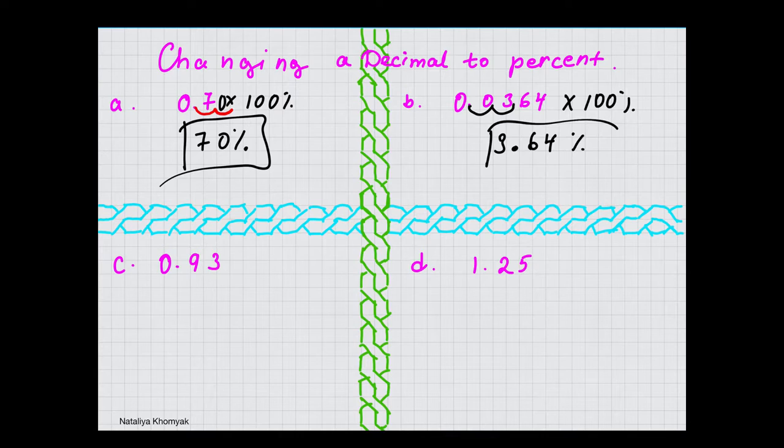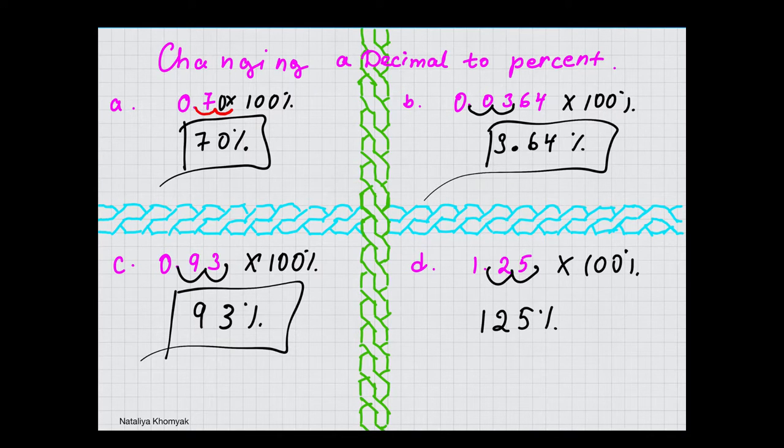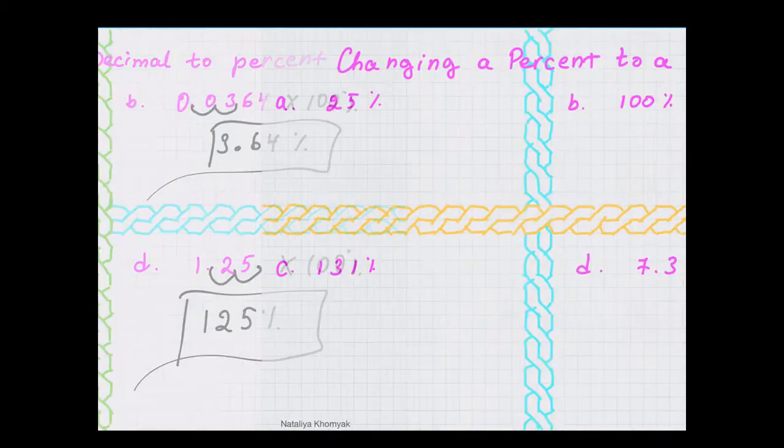And this is our solution for B. 0.93 in percents, we multiply by 100%, move the decimal twice, and we get 93%. This is the solution for C. For D, 1.25, we multiply by 100%, move the decimal twice, and we get 125%. And this is the solution for D.